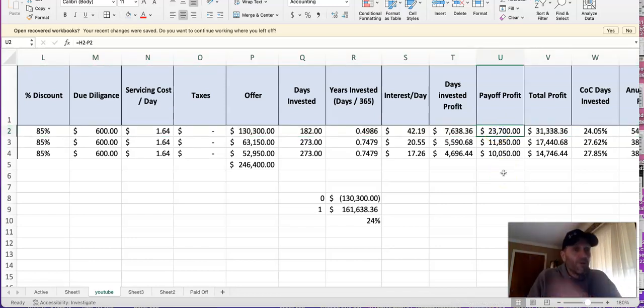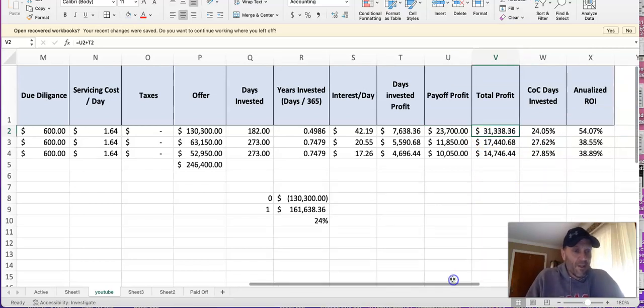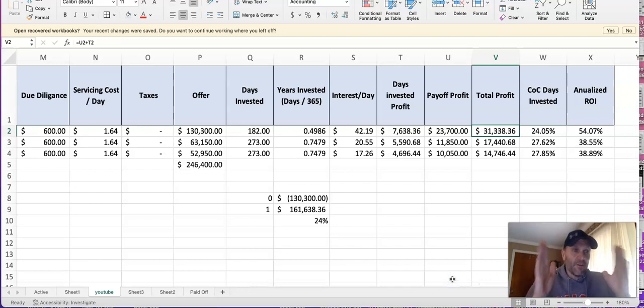You take the $7,000 that they made over the 182 days, plus when they refinanced the house and they totally paid me off, then I made a profit of $23,700, for a total of $31,338.36 in 182 days.